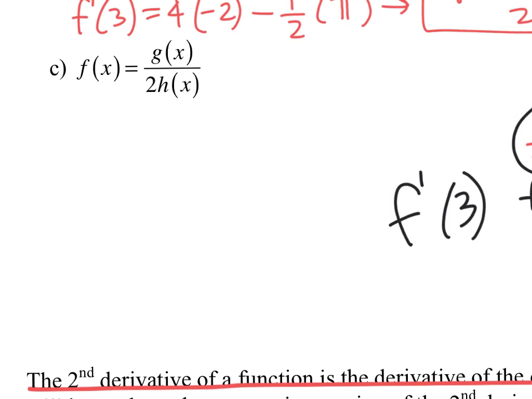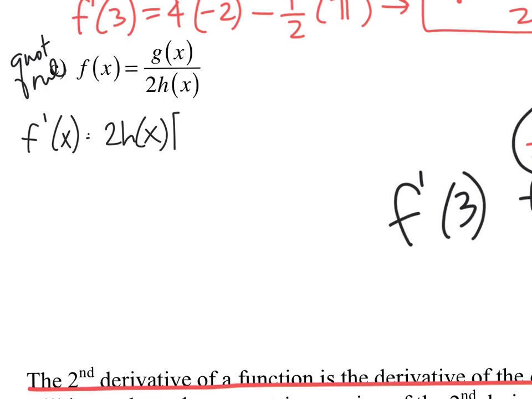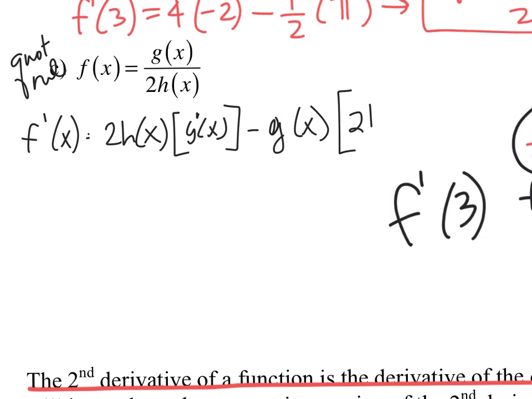So I'm going to go ahead and set up this last one. This is also looking like it's going to be a quotient rule. So f prime of x is equal to low d high, g prime of x, minus high d low, which is 2h prime of x because of that constant coefficient.